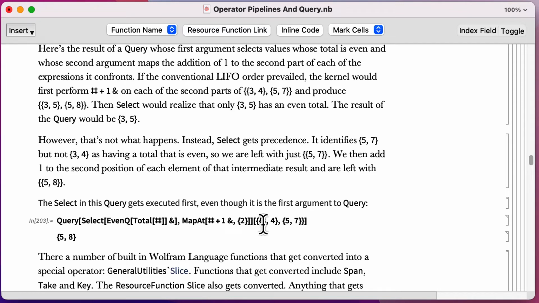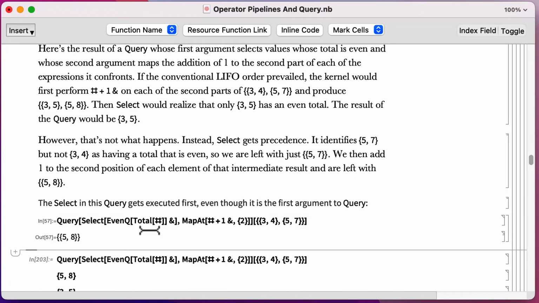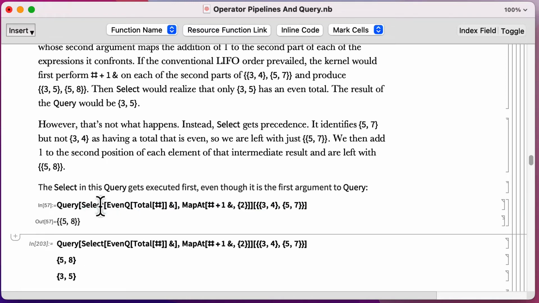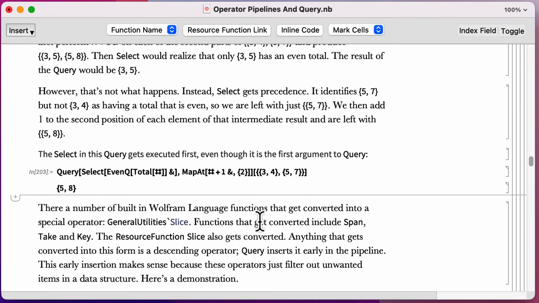It would be the one that's 3, 5. And so that's our other candidate solution. Let's see which one wins. Let's run it. And 5, 8 wins. So it's doing it with the select executed first. And you can see how order of operations makes a difference.